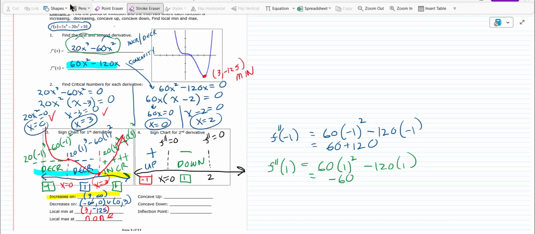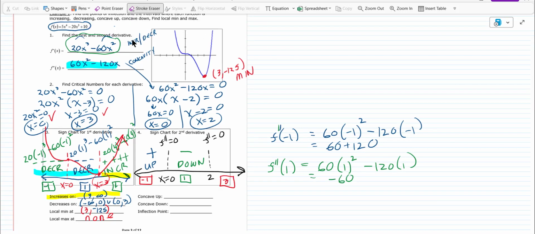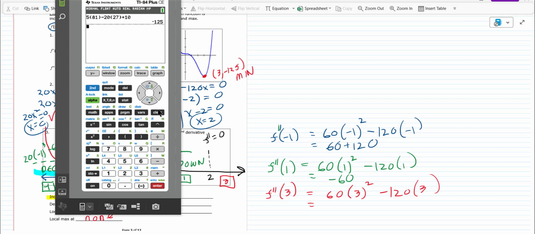And then finally, we'll take a test point bigger than 2. Doesn't matter as long as it's bigger than 2. So we'll evaluate the second derivative at 3. We'll do 60 times 3 squared minus 120 times 3. I think that's going to be positive. And if it's a little hard to do in your head, just use your calculator if you want to.